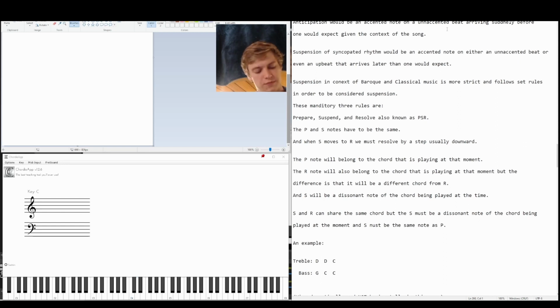And what's going on here is in the bass, I'm going to do that same thing where I go from my G the first time, and then I go to C my second time. But now I'm going to stay on my C when my other note goes from my D down to my C, which is going to create an octave of both of those and create a nice sound.